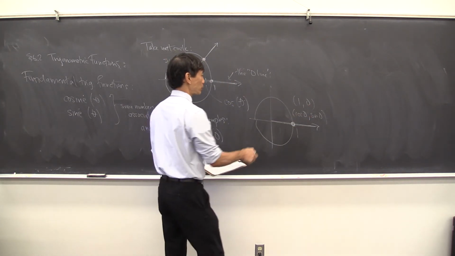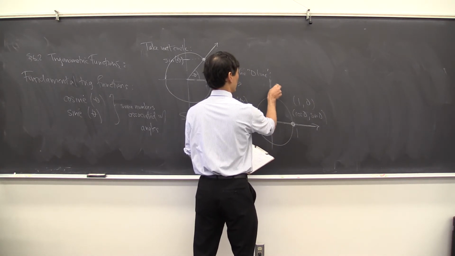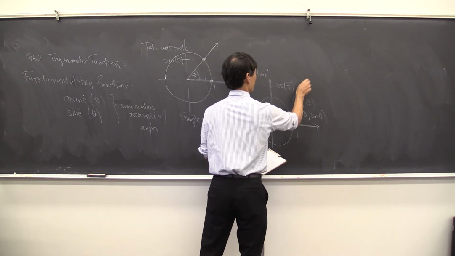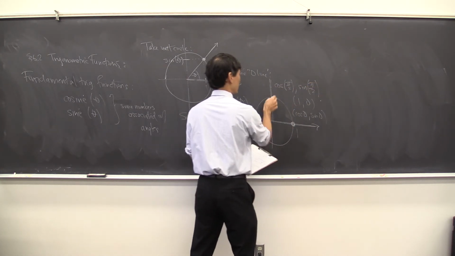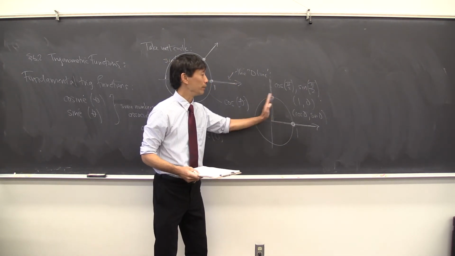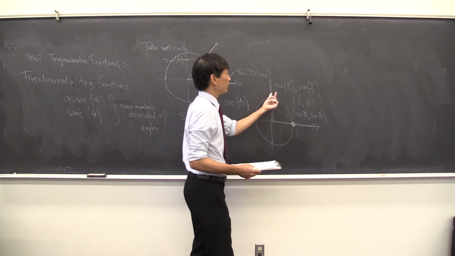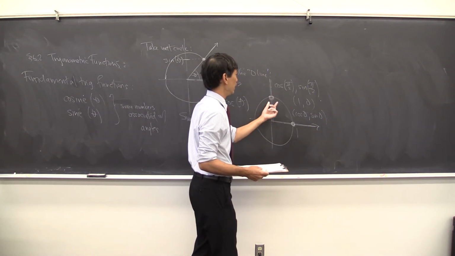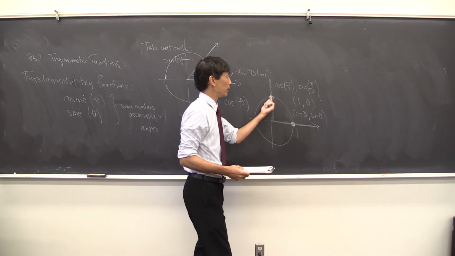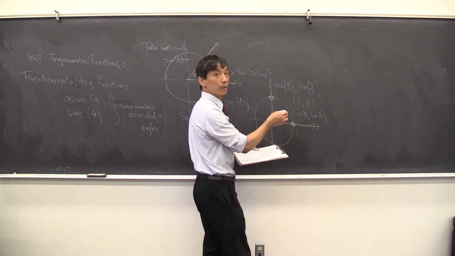If I asked you what cosine of pi over 2 was, and what sine of pi over 2 was, you would look at this point. You've got your pi over 2 angle, you go in this direction, you look at the point of intersection, and you say the cosine is going to be the x-coordinate, which is 0. Cosine of that is 0, and the sine of that is 1.